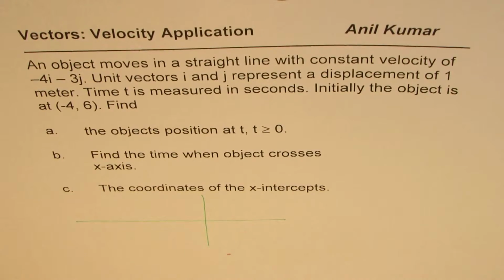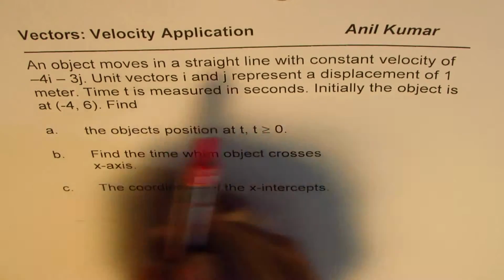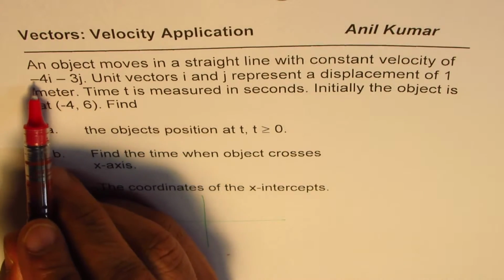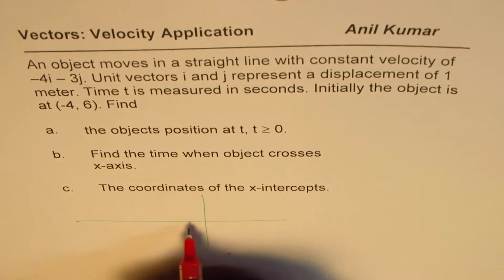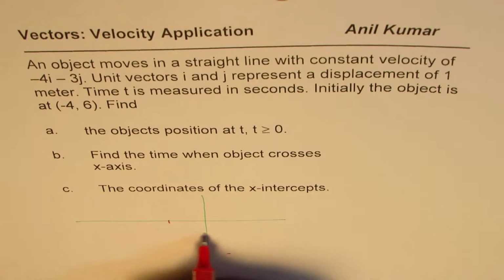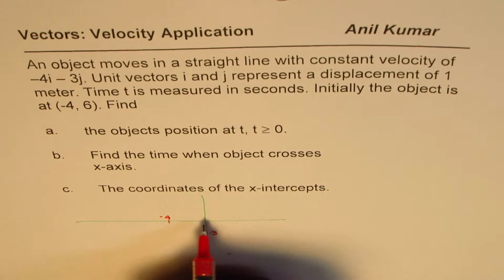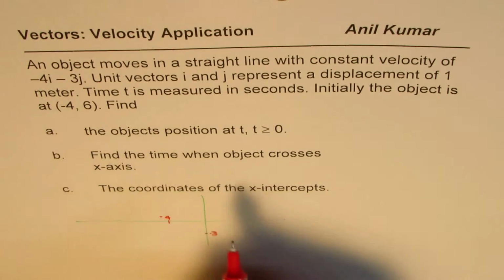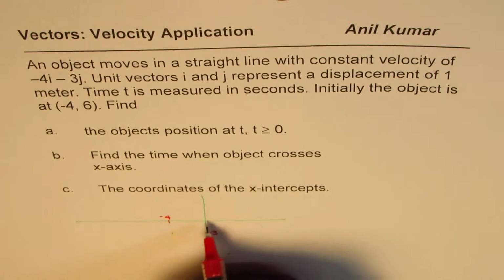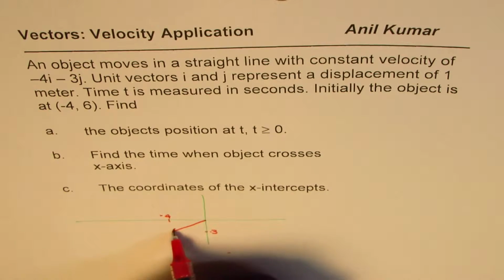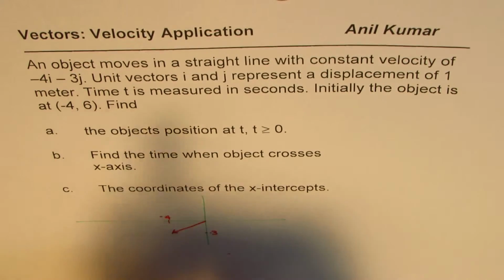First, let's look at the direction for velocity. Minus 4i minus 3j means, let's say this is 4 and this is 3. Minus 4, minus 3. So when I say direction minus 4, minus 3, that means from the origin, that is the direction. Do you understand? So that's the direction.